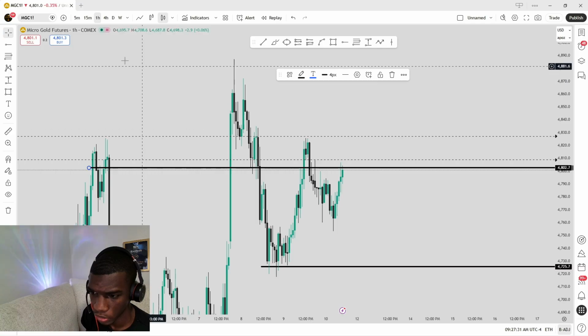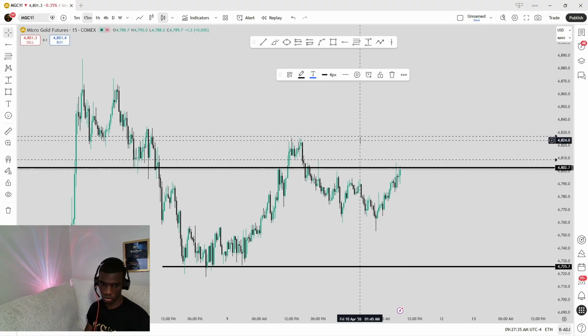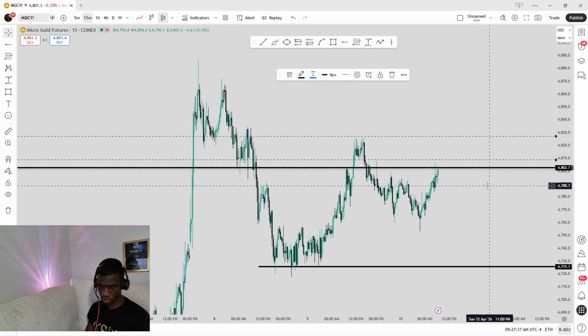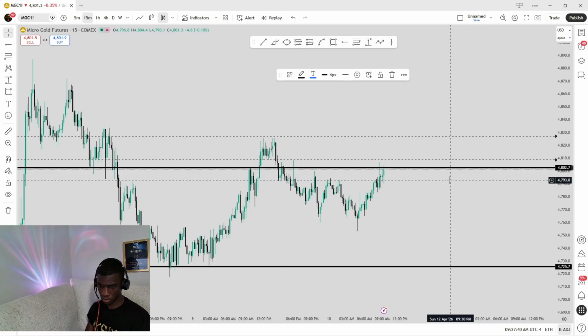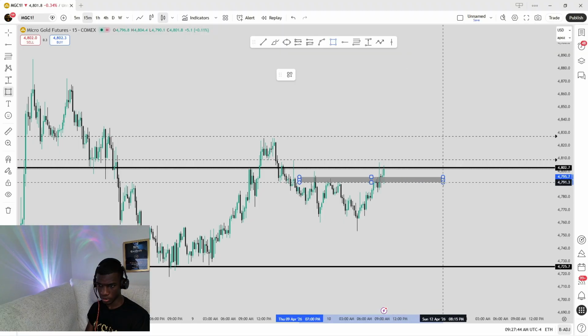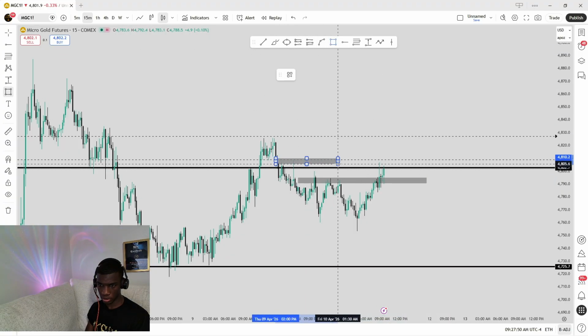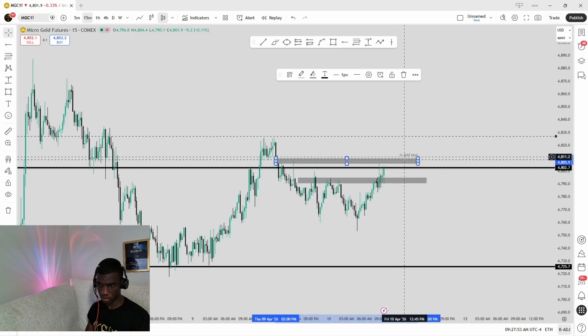This is supposed to be somewhere here. So this was my high that I was focusing on. Yep. And then the next high from yesterday is this little zone above this region here.